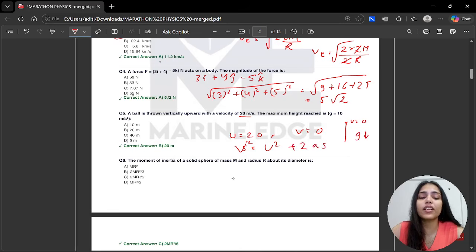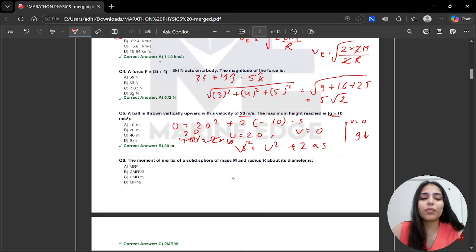Gravity is acting in the downward direction. So for that, 0 is equal to 20 square plus 2 into minus 10, let's take for gravity. It's given already here. If it is not given in the question, you can take 9.8 as well as 10, whichever suits the answer, okay? And if both answers are also available, in that case, always ensure taking 9.8 and s. So what do we get? 400 is equal to 2 into 10 into s.